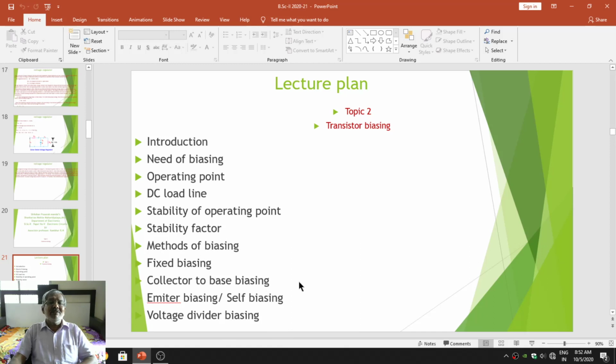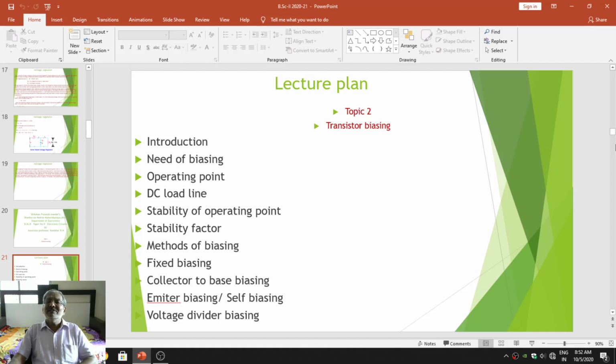In your syllabus, out of 4, only 3 biasing methods are included. Collector to base biasing method is not expected to be studied from your syllabus point of view, but it is one of the methods of biasing the BJT. So this is the plan of our lectures so as to complete the topic number 2, namely transistor biasing.